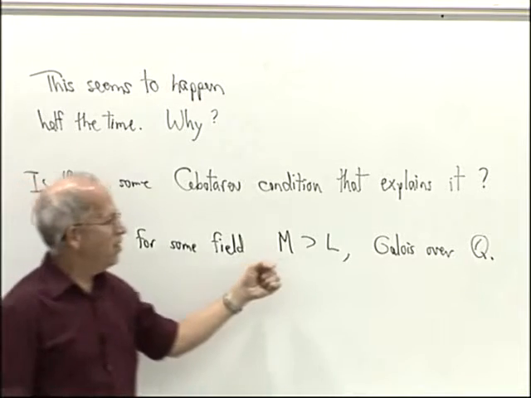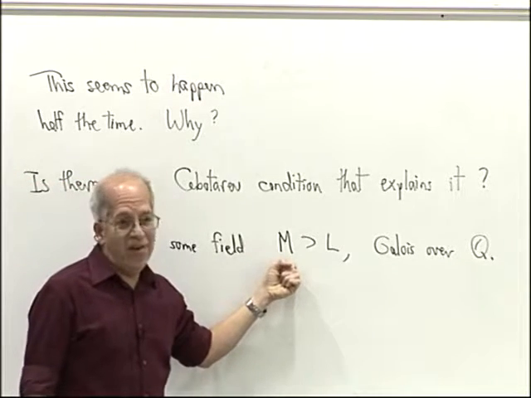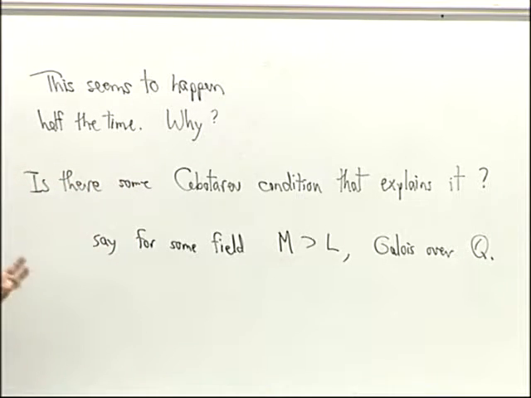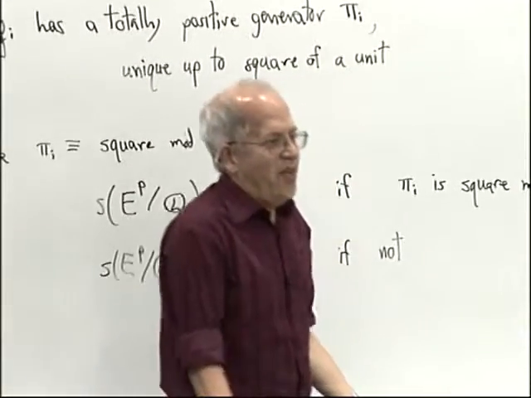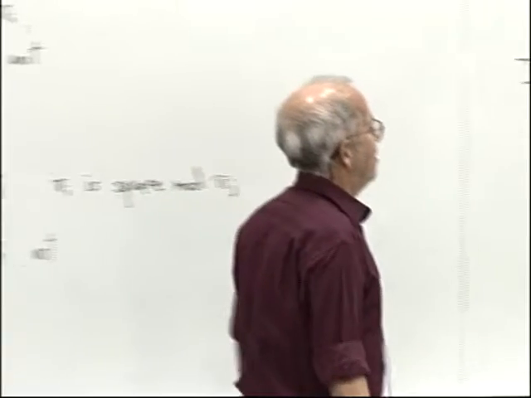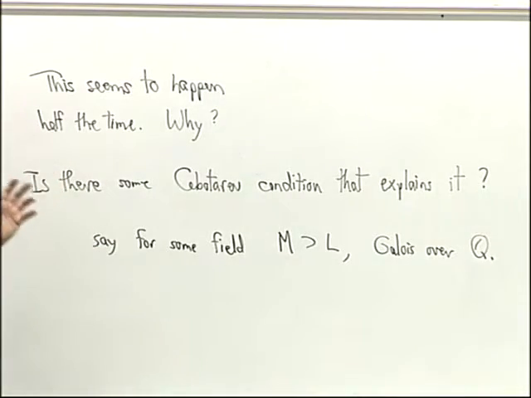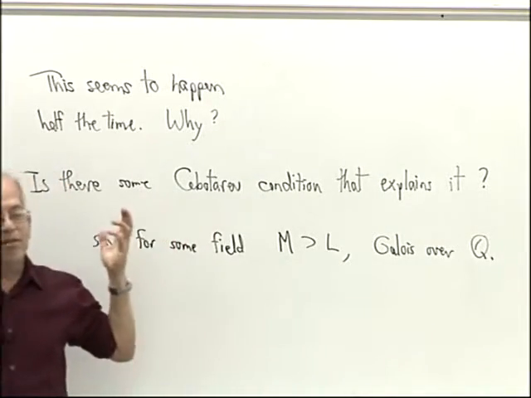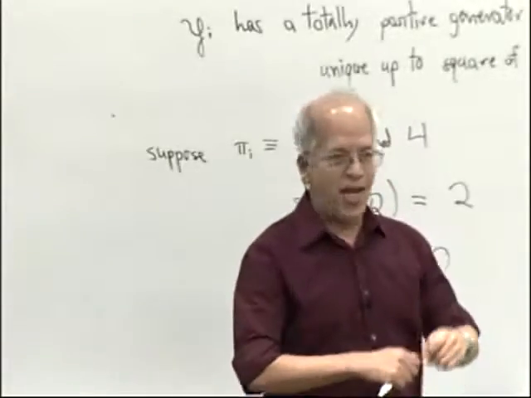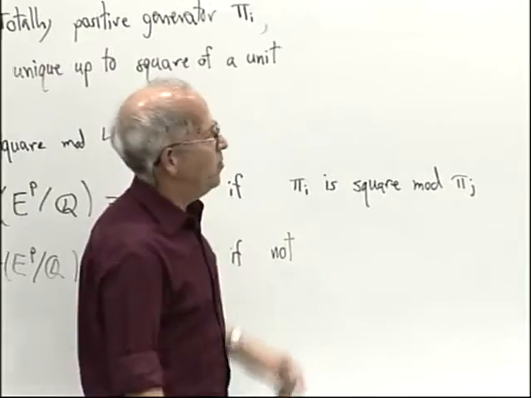For example, if M is abelian over L, then it has to be ramified at some prime different from 2 or 7 or infinity. And why should that be? There are no other primes that play any role in this picture. Other obvious fields like the 8 torsion on the elliptic curve or something like that, you can just check that they don't work. Those fields do not separate the primes in these two cases.